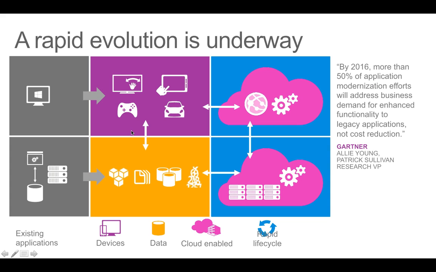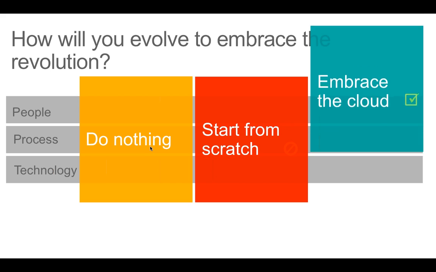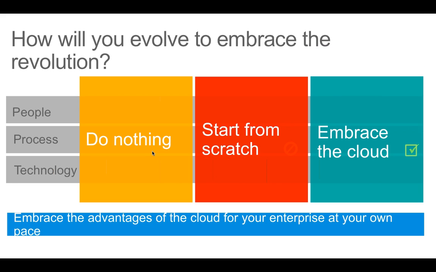Not just consolidating and reducing cost, but what enhanced functionalities you want to extract from some of your legacy applications. That's where the focus is shifting, and this is the evolution underway versus the application rationalization or consolidation initiatives that many of you might have run in the past. So how are you going to embrace this revolution?